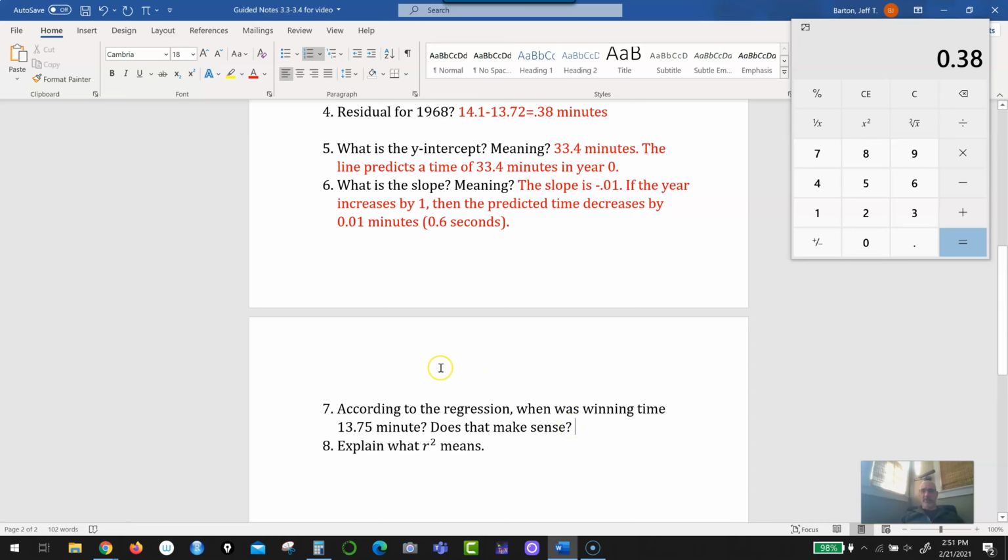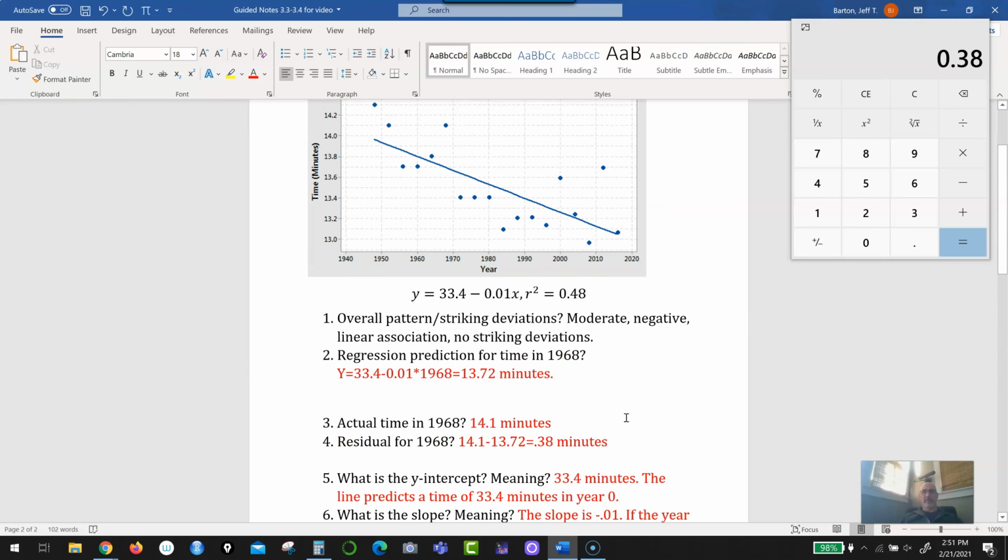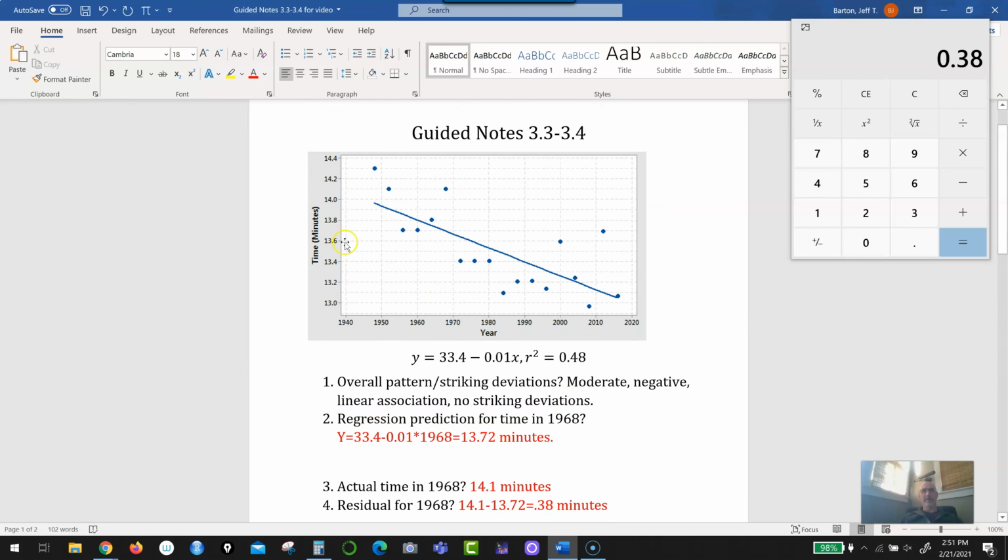What about 7? According to the regression, when was the winning time 13.75 minutes? Well, you can estimate from the graph. If we look at 13.75, it's about here, and then move over, we hit the line and drop down.